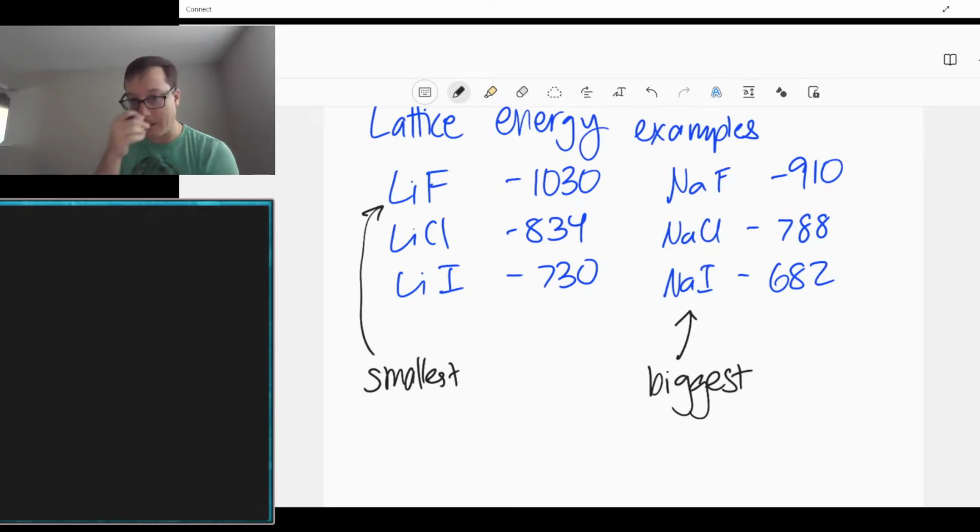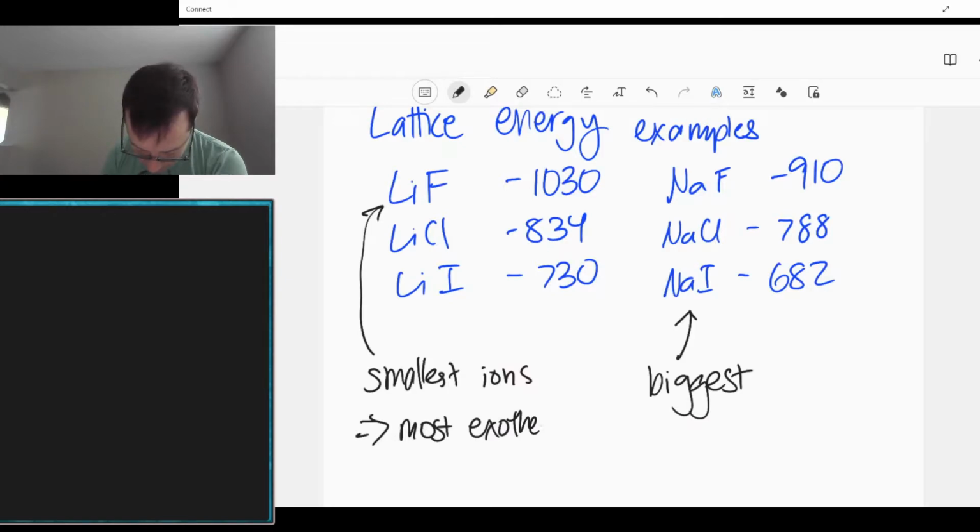And as we see here, as we replace lithium with sodium, sodium is a bigger version of lithium, right? We again have a decreased absolute value of our lattice energy. So this is the smallest ions, but the biggest, we'll say most exothermic, got the most exothermic lattice energy.